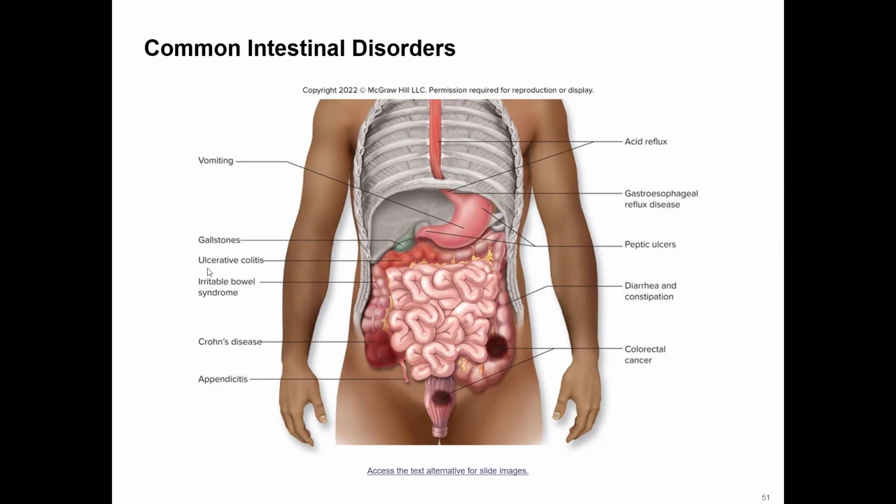You generally find ulcerative colitis in the colon, the large intestine. Crohn's disease affects many parts of the GI tract, but a lot of times it's in the colon also. So you can see some of these mapped out on the GI tract.